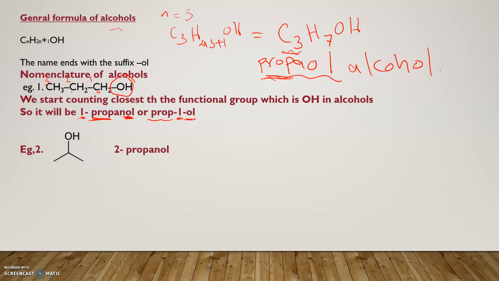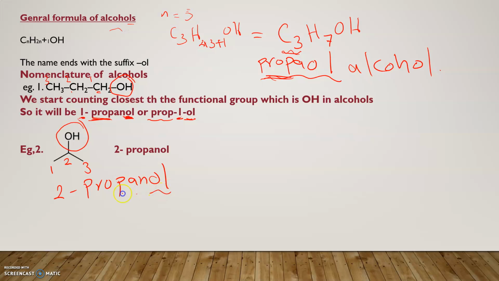Okay, let's try another example. This is a skeletal formula. Starting from this side or that side, it doesn't matter because it's exactly in the middle. We have 1, 2, 3 carbons. Again, in this case, we have to write first the number of the carbon, which is 2. So we have 3 carbons, so it's propane, propan, and then we add the OL.